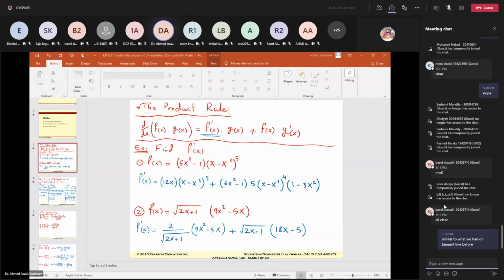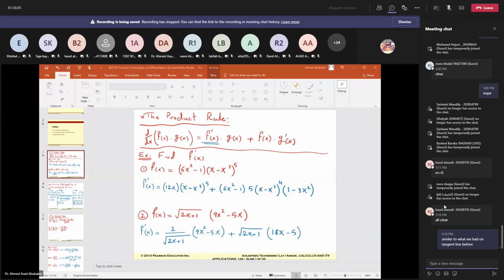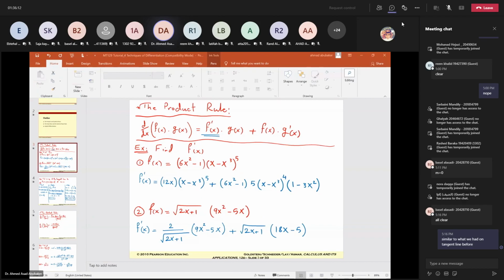Yeah, the same. But to find the slope here we need to use implicit differentiation. Okay. Any question?